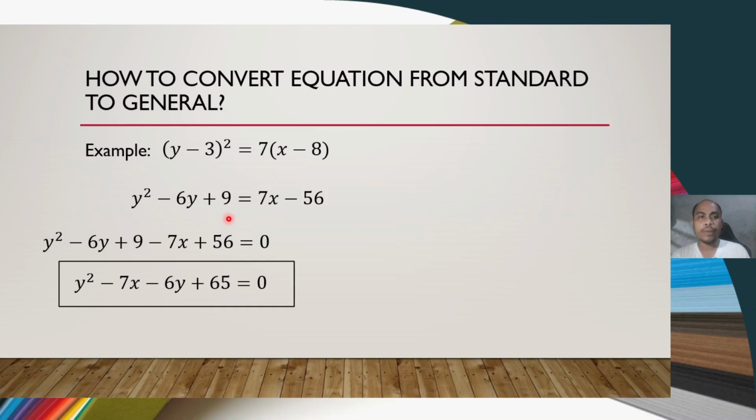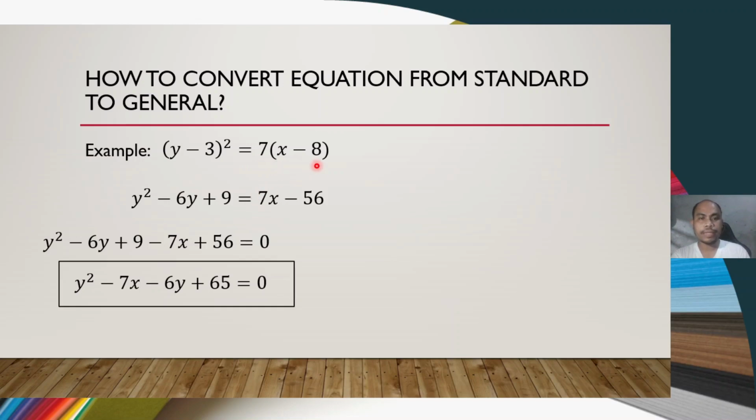Anyway, paano ba natin i-multiply yung y minus 3? We're gonna use the FOIL method. Please try to review about multiplying using the FOIL method. Ito naman, we're gonna use the distributive property of multiplication. So, we just distribute 7 by multiplication. No? 7 times x, we have 7x.